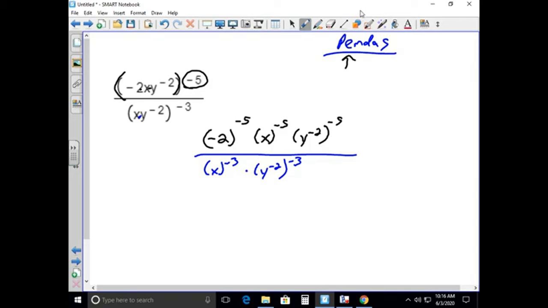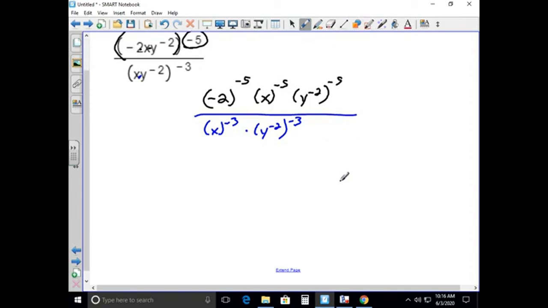So let's see what we can do now. I'm going to leave that -2 to the -5 alone for now, and let's take care of the other pieces. So we have x to the first, and that's raised to the -5, so that makes x to the -5.